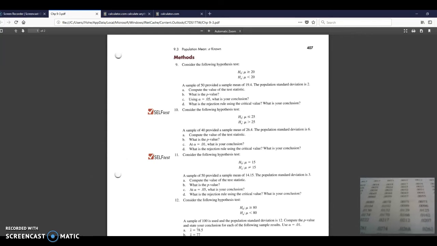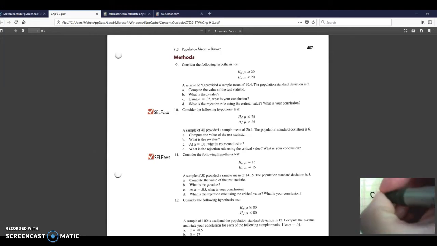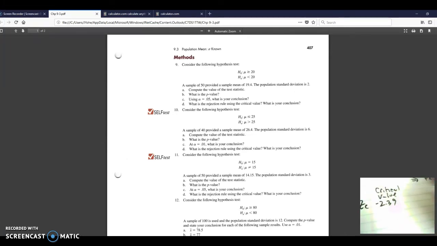And by doing so, we would have come up with 2.39. So negative 2.39, so this is using the critical value. Negative 2.39 was our critical z.